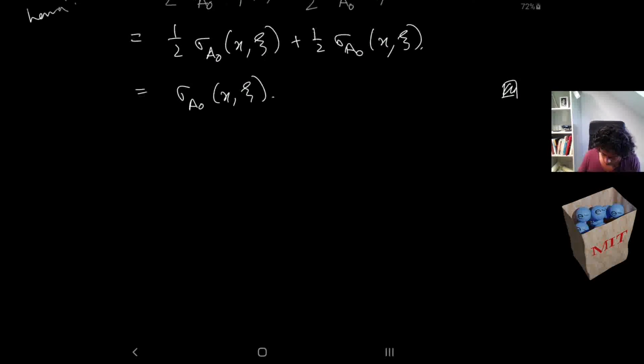Okay, so what does the Atiyah-Patodi-Singer index theorem then tell us, right? So immediately we have a corollary.